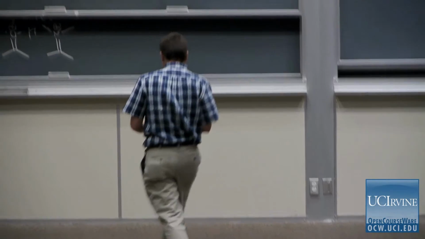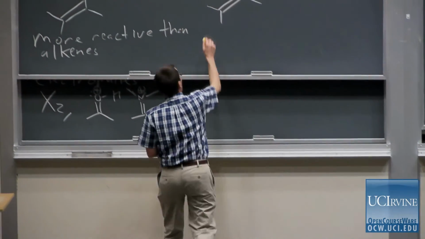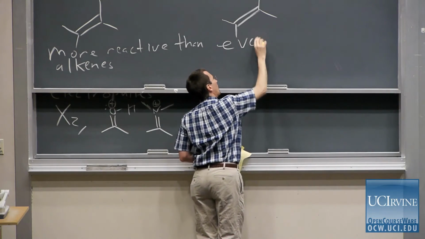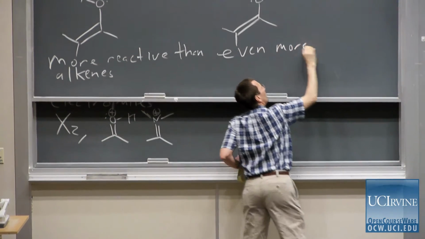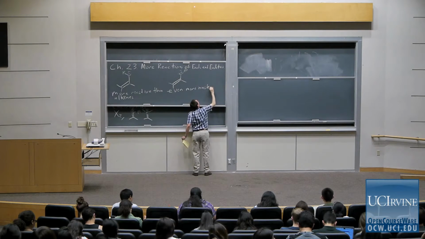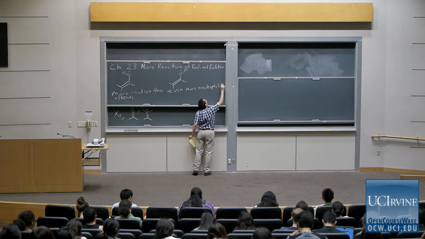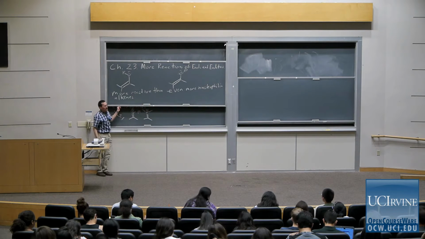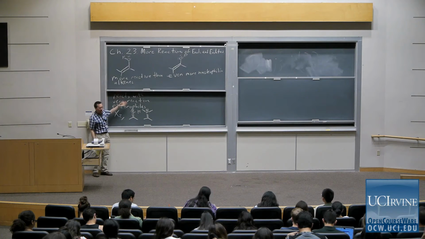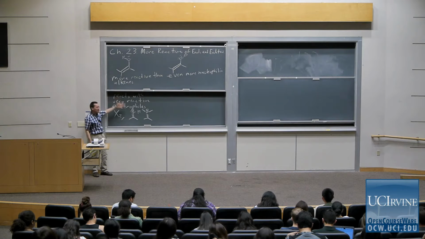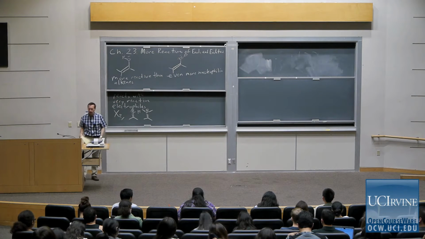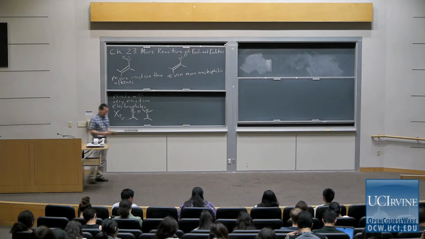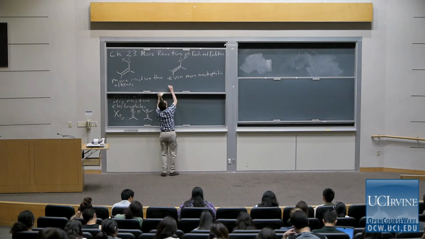Well, enolates are even more nucleophilic. In other words, they're even more reactive toward electrophiles. So in addition to very reactive electrophiles, enolates can react with moderately reactive electrophiles.